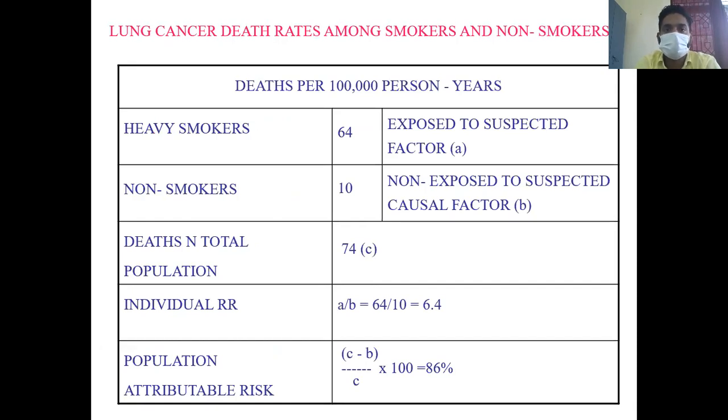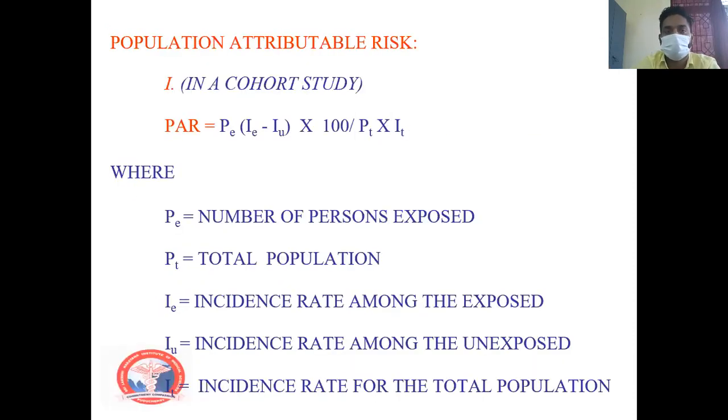So, lung cancer among smokers and non-smokers, death per 1 lakh person year. Heavy smoker 64, exposed to suspected factor, that is A. Non-smokers are 10, non-exposed to suspected causal factor, these are B. Death in total population, that is 74, C. Individual relative risk is A divided by B, that is equal to 6.4. Whereas population attributable risk is C minus B by C into 100, gives about 86%.